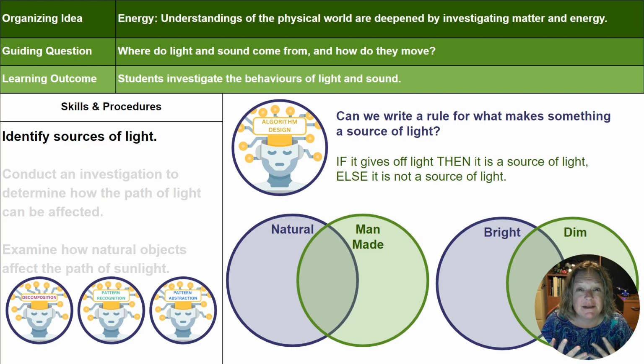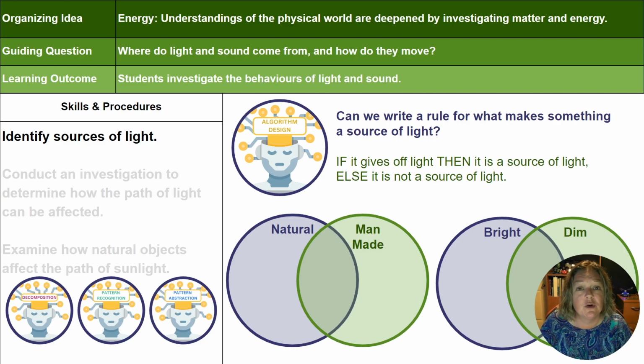So there is that computational thinking process, without drawing it out specifically or explicitly for your students, but we're working through it. We're talking about attributes. We're looking specifically at different parts of these sources of light so that we can do these sorts. And then again, we always have that opportunity to extend to the algorithm design.